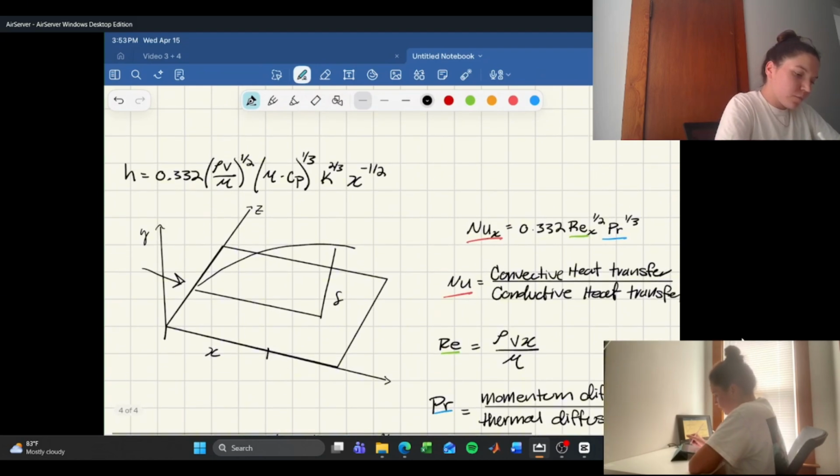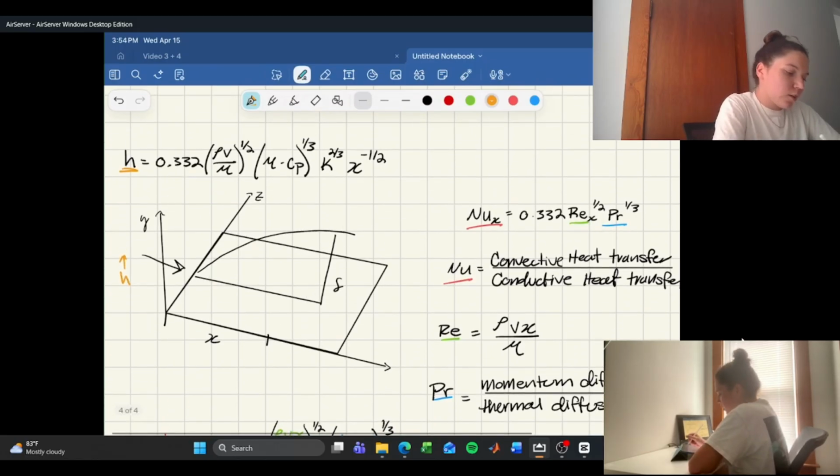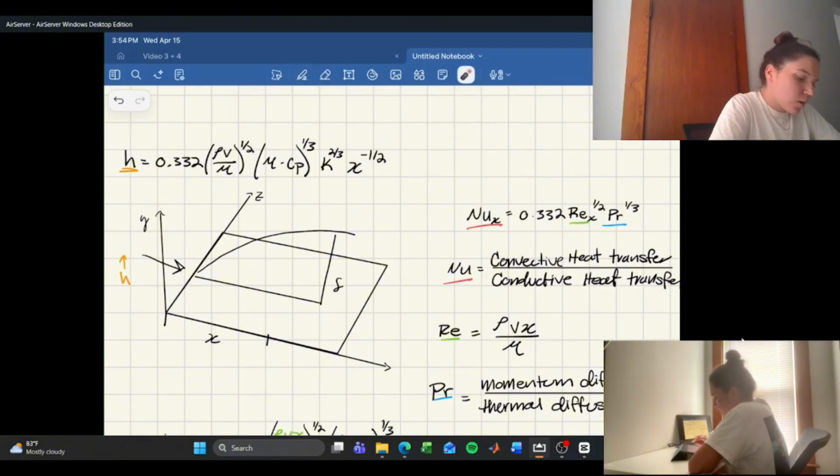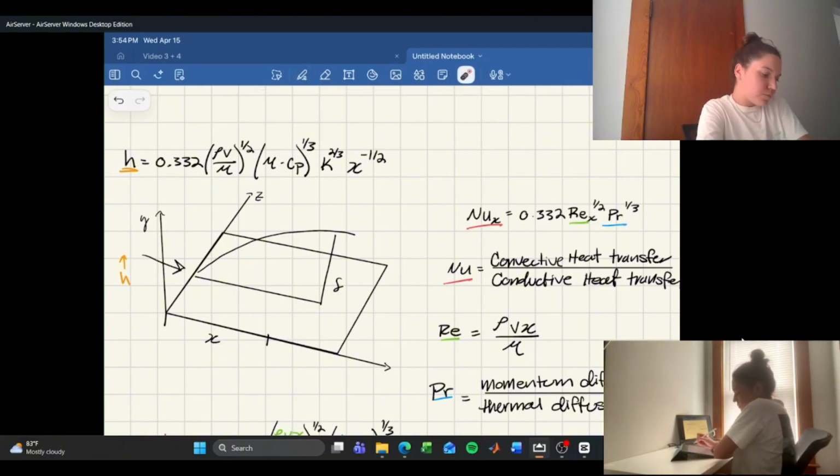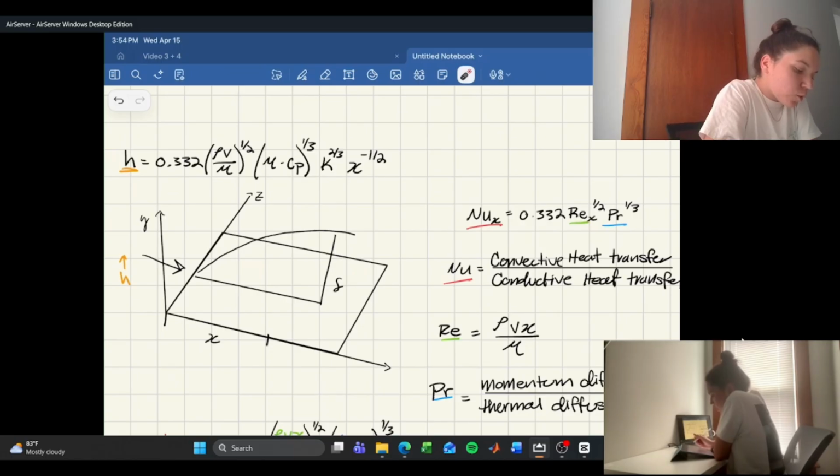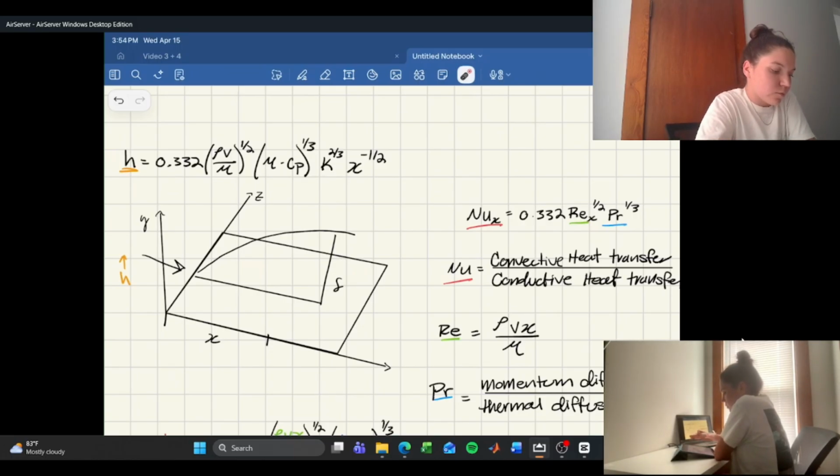Okay, so we want h to increase. And if we're looking here at the equation, the thermal conductivity is per what the surface is, so that's not going to change. Same with the heat capacity.